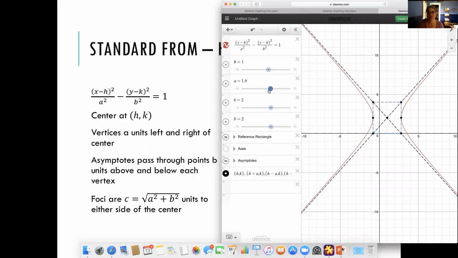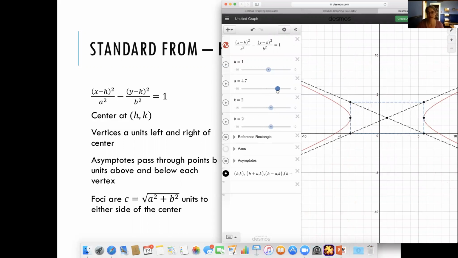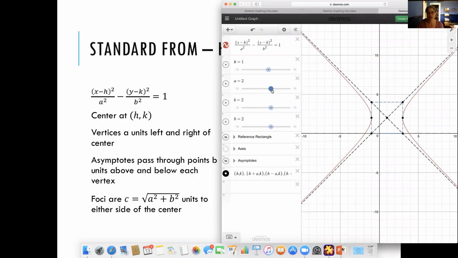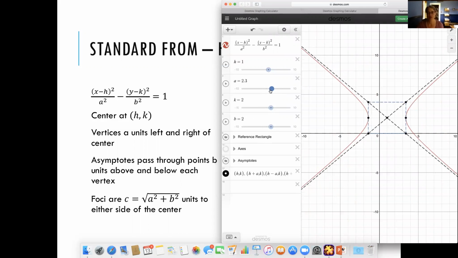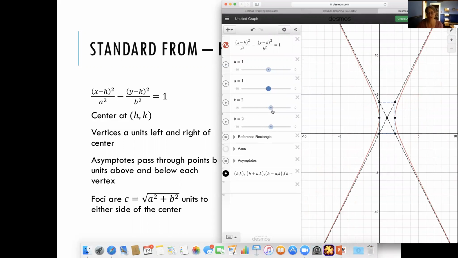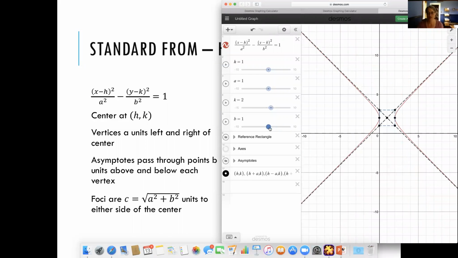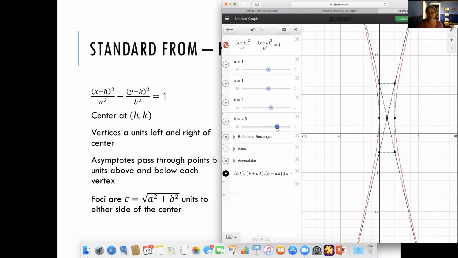And so when I change A, I change the slope of my asymptotes, and so the slope on my branches also changes. B also affects this because I change the vertical component of the slope on the asymptotes.